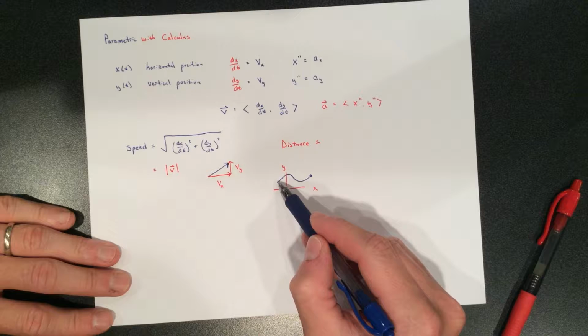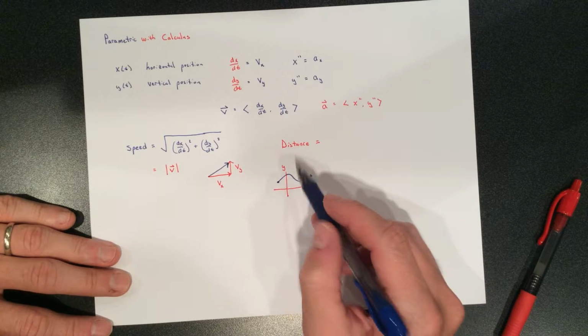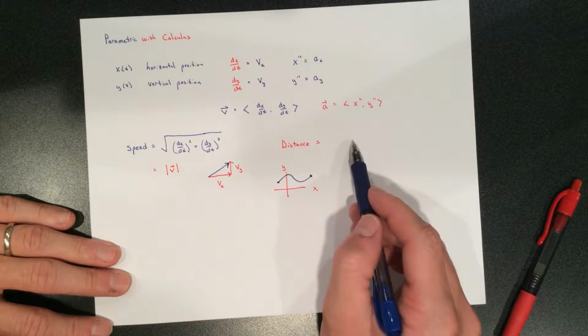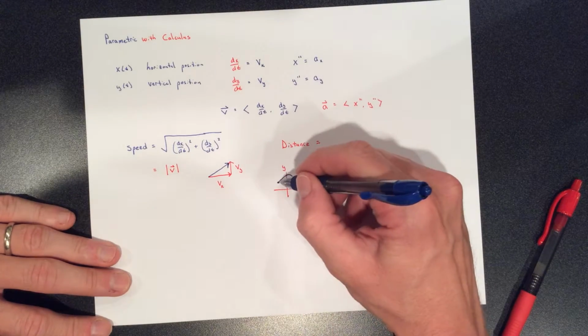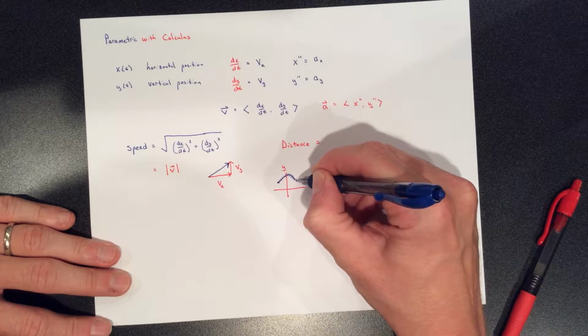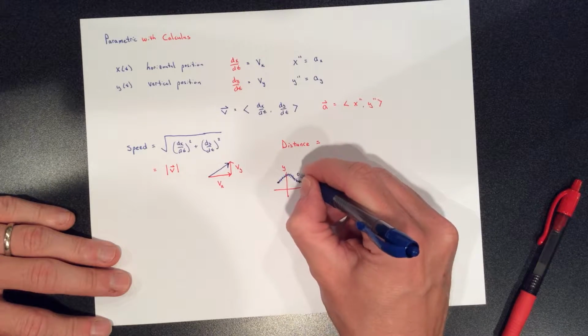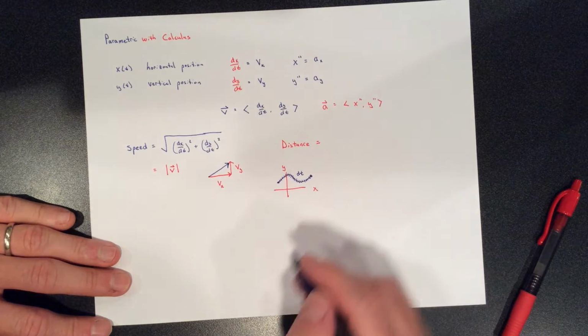And again, we want to figure out the total distance the object travels, and we use calculus to do it. Distance, old school, was a rate times a time, and that's still what it is. We just have to divide this path into really, really small time intervals. Each one of these little increments is dt in terms of the seconds.